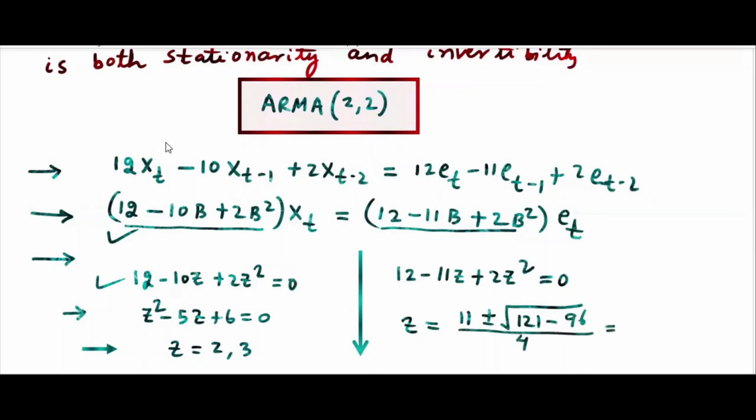So 5, 11 plus 5, 16 divided by 4, 11 minus 5, 6 divided by 4. So this is 4 and this one is 3 divided by 2, 1.5.